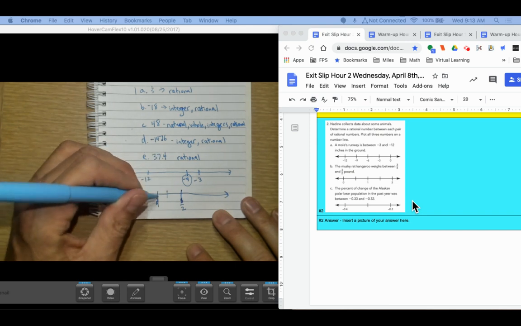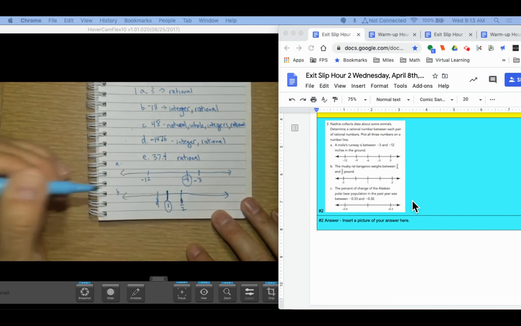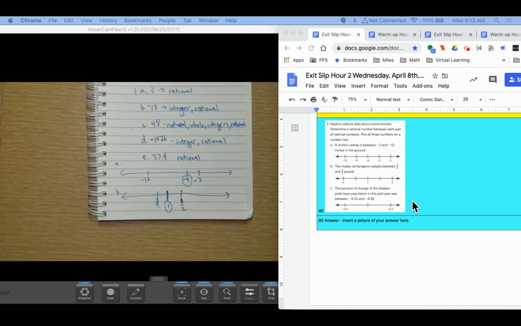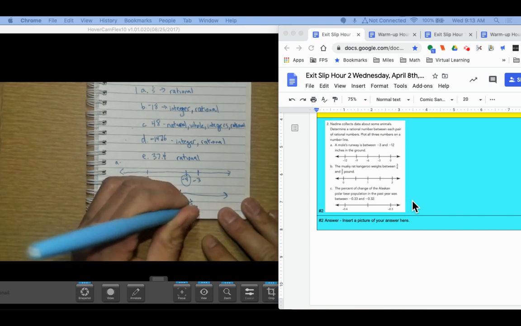All right. And so if I think about this, right in between there would be 1. And so 1 would be an acceptable answer for this question, but it could have been anything that's greater than 3/4 and less than 3/2. Remember that 3/2 is the same as 1.5.